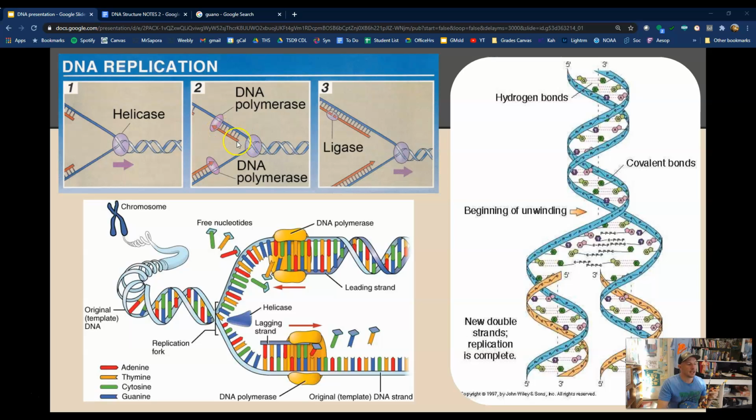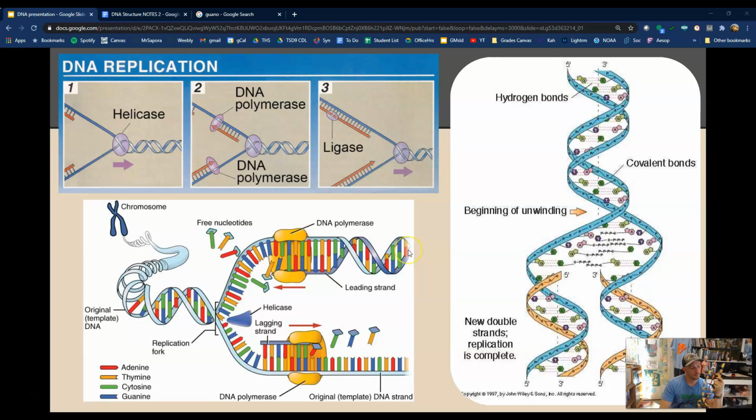The next is DNA polymerase, and DNA polymerase is the protein that goes along and reads and then matches new nucleotides to the bases along each strand accordingly. And then ligase comes back along, and I believe it actually proofreads, if I'm correct, or it rebonds it as it reconnects.